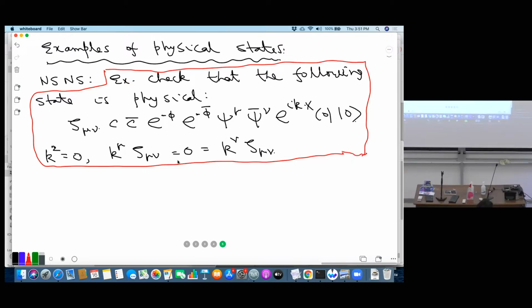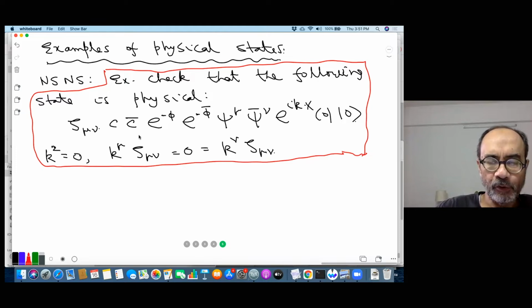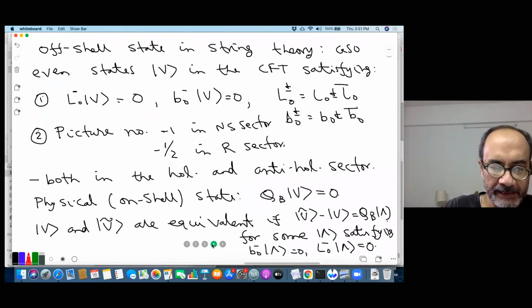Ashok: Yes, do you also put a constraint on the total ghost number of the physical state? Well, you can, but in this case, you don't need to. At least at a generic momentum, you don't need to. But otherwise, you can put a constraint on total ghost number 2. Maybe I can write this down. In the bosonic string theory, we did it. Here also you can do that. But it's not essential, at least not in a generic momentum.